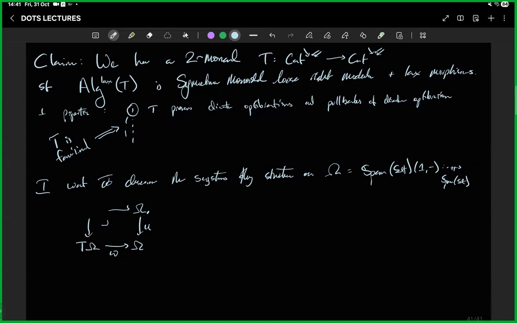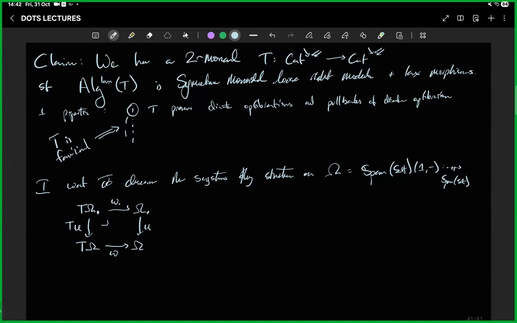Let me suppose that this pullback is this one. Remember I said that T preserves discrete opfibrations, so TU is certainly a discrete opfibration. And therefore, there is a unique Omega, unique up to isomorphism, which classifies it in this way.